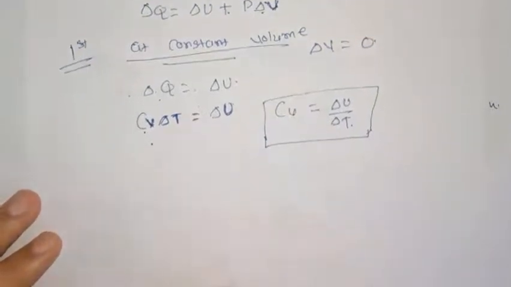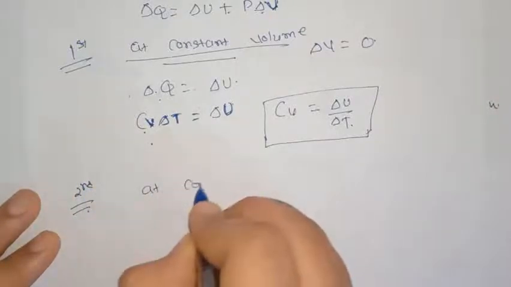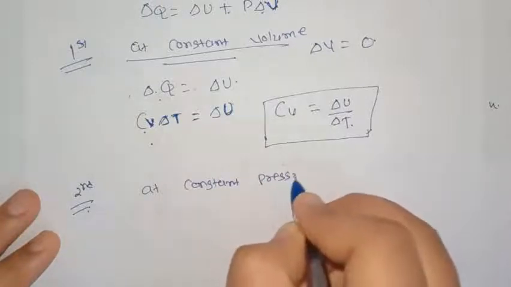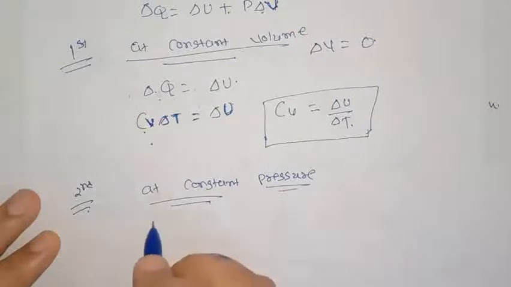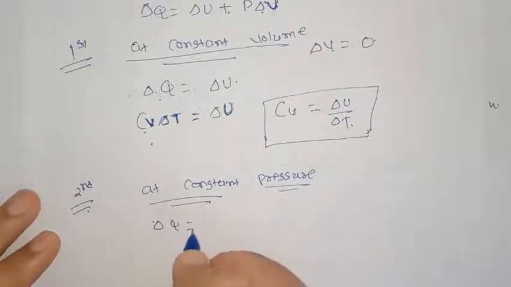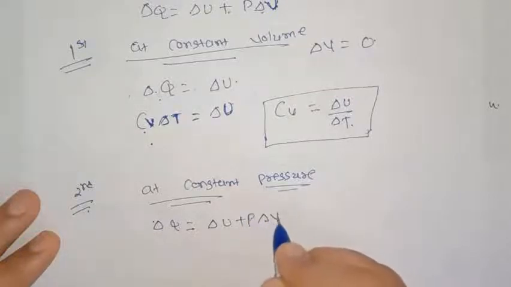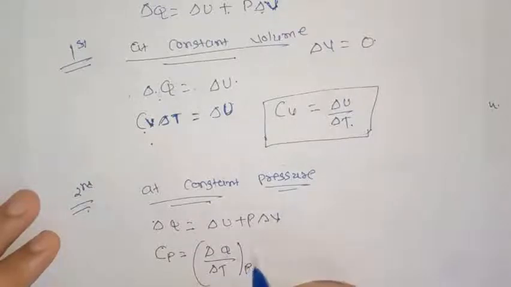Now in the second case, at constant pressure, delta Q will be equal to delta U plus P delta V. Now Cp can be written as delta Q upon delta T at constant pressure.